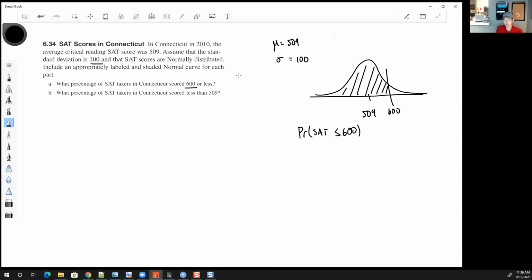Okay, so we have SAT comes from a normal distribution, mean 509, standard deviation 100, right? And so we're going to convert this into a z-score. I get negative 0.91. So now this probability that SAT is less than 600 is the same as the probability that z is less than or equal to... I did this backwards.